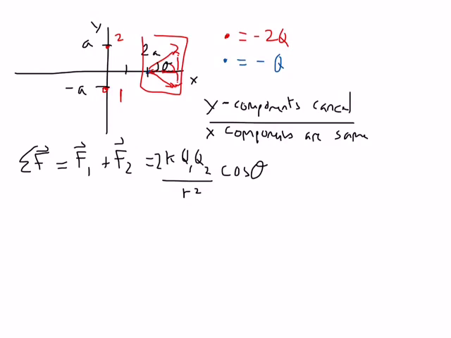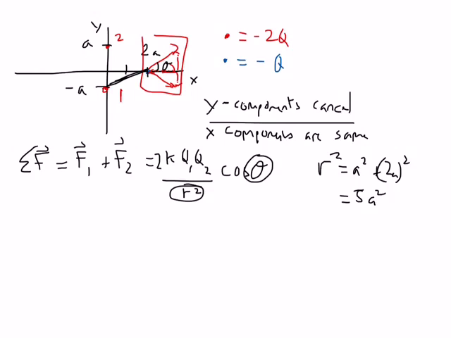So now we can figure this out a little more easily. We need to figure out what r is. r is this exact path between them. We can use the Pythagorean theorem to find r. So r squared is a squared, the vertical part, plus the quantity 2a squared, or 5a squared. Now we just need to figure out cosine theta.